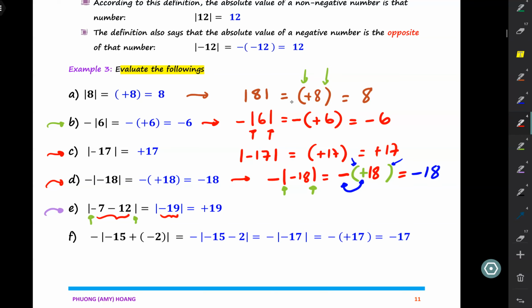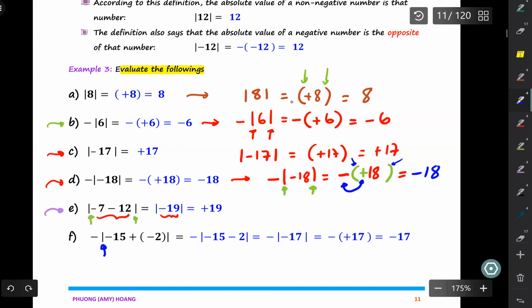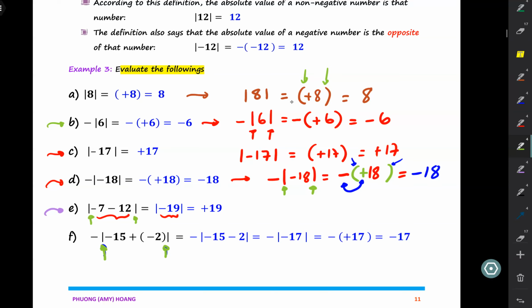Okay, so to make sure that you have an operation inside an absolute value notation, what you need to do is work with that operation first, turn that into a single value, then after that you can take the absolute value notation away. So in this case I have negative 15 plus negative 2.